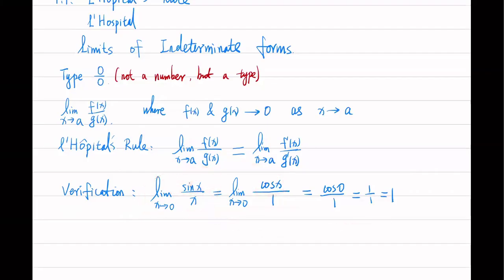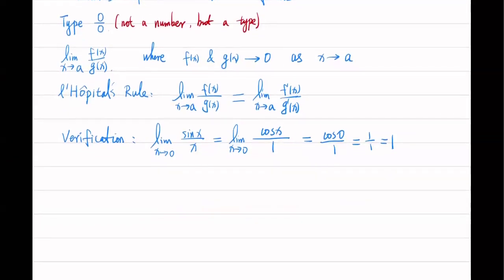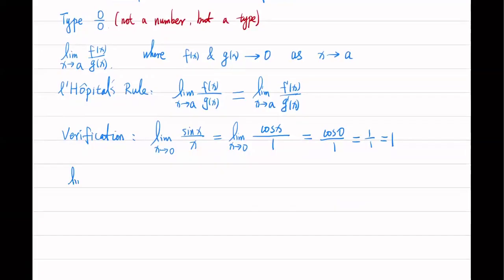But we have some other applications. Second application we had: because we know logarithm 1 is 0, when x is 1, this is 0. Again, it's the type of 0 over 0. So let me write down the type. So we can apply the L'Hopital rule.